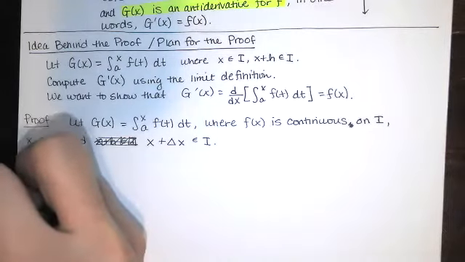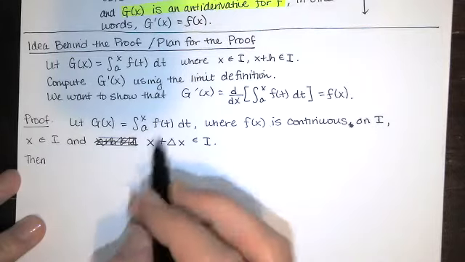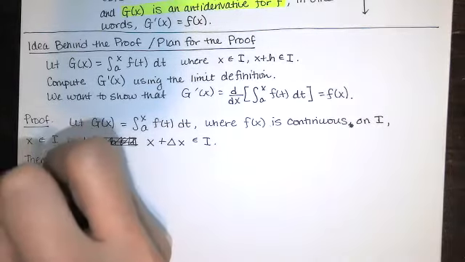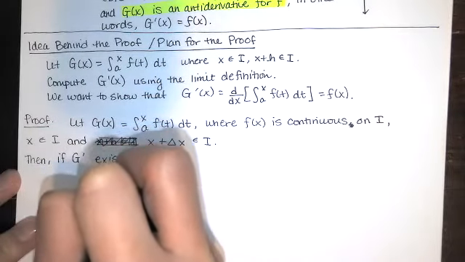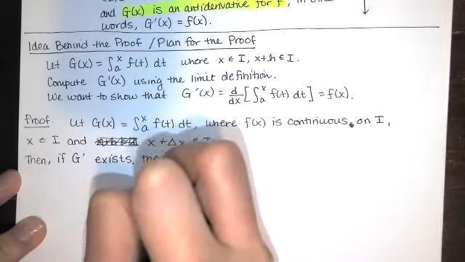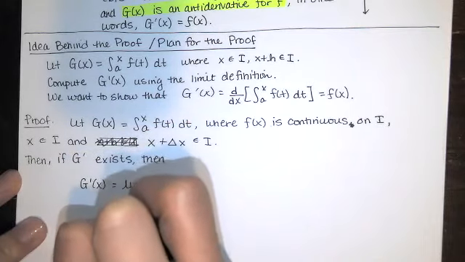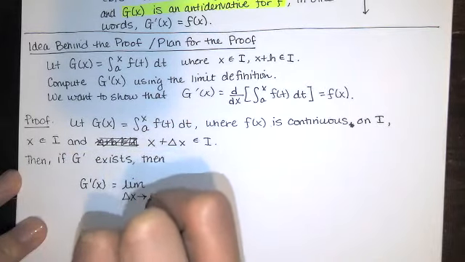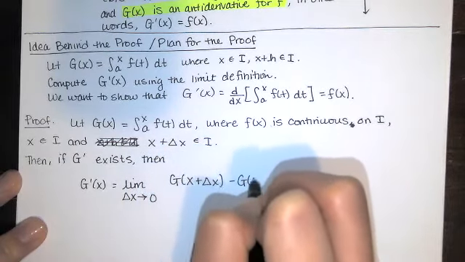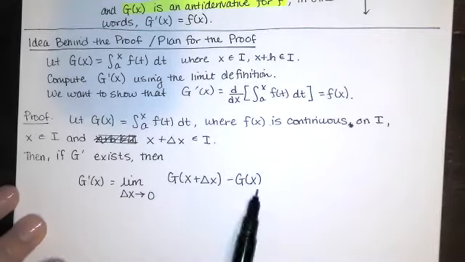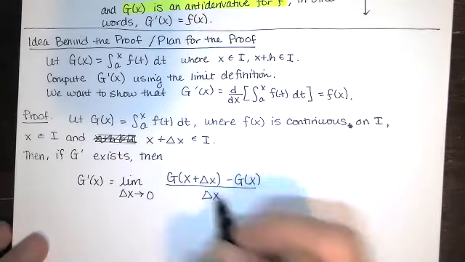Then we want to compute g prime of x using the limit definition. So if the derivative exists, then g prime of x is equal to this. It's the limit as delta x approaches 0 of g of x plus delta x minus g of x. It's just the change in the function values as x goes from x to x plus delta x, divided by the change.